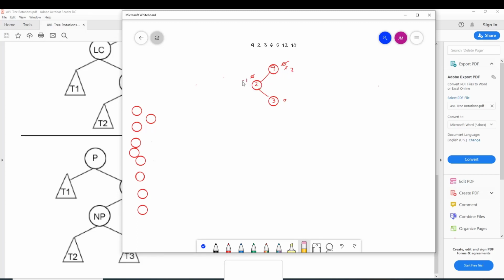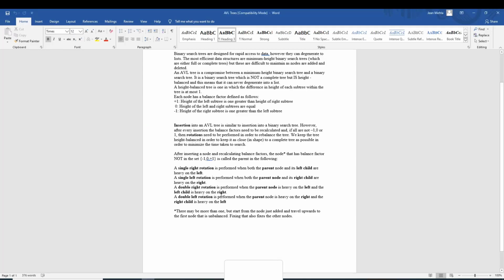I know that because that's a negative number. The parent is heavy on the left, the left child is heavy on the right. So I go to my description here: a parent heavy on its left and the left child heavy on the right. This is a double right rotation.